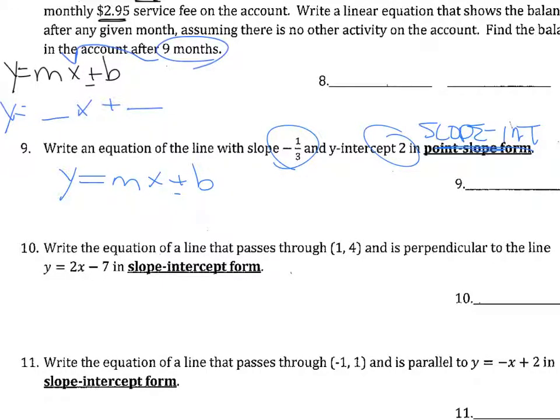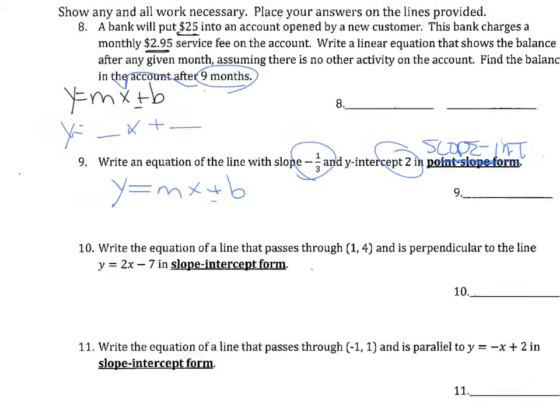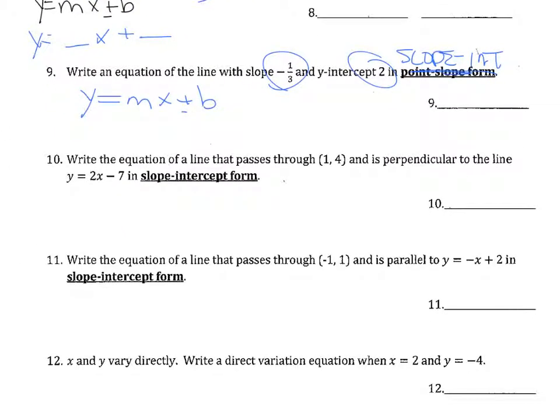Now in number 10, we want to write the equation of a line that passes through this point, 1, 4, but is perpendicular to this line. So the key is, and again, I would still use y equals mx plus b or minus b.